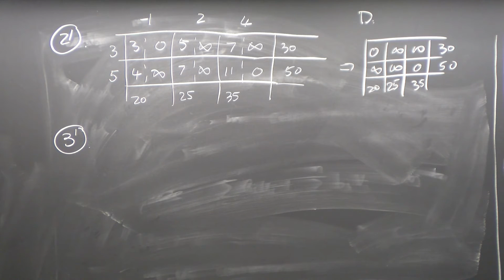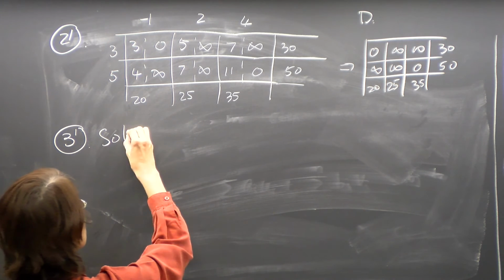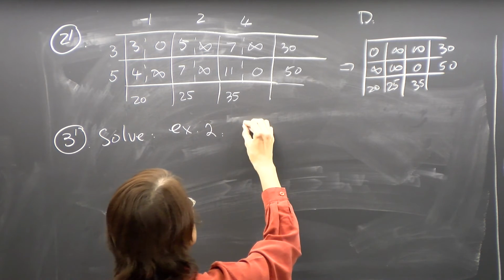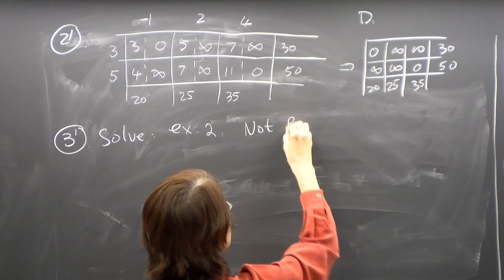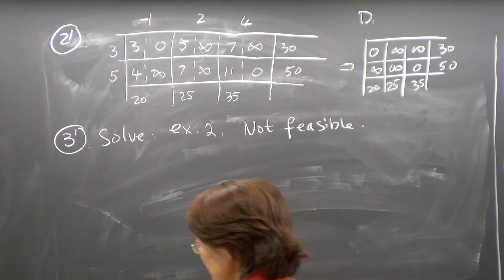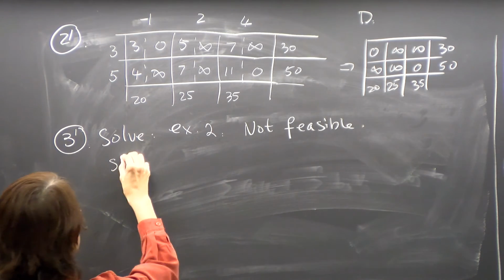So as you are expecting, we just did it here, right? We try to solve it in example 2. We found out that this is actually not feasible. And where do we get stuck?